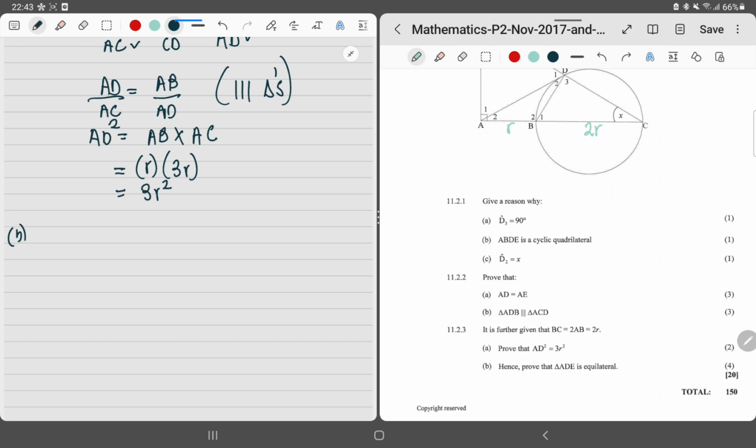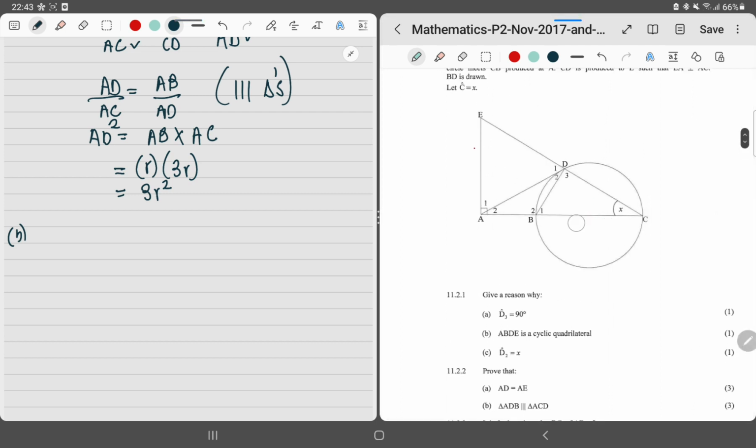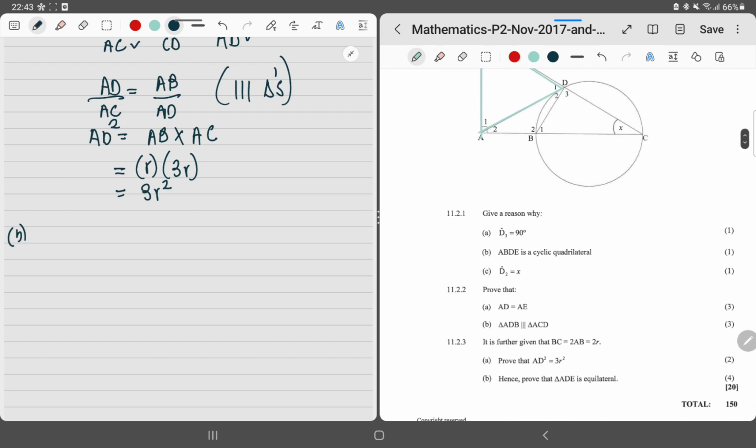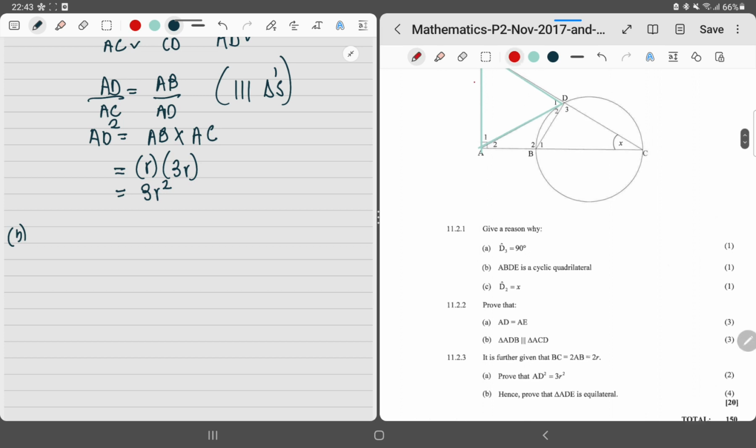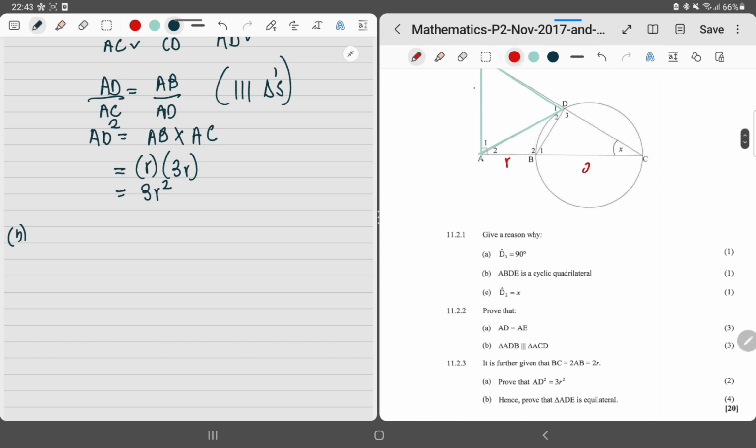And then B. Hence, prove that ADE is equilateral. Okay. So I know that this is R and that is 2R. And since AD squared is equal to 3R squared, this means that AD should be equal to R root 3.